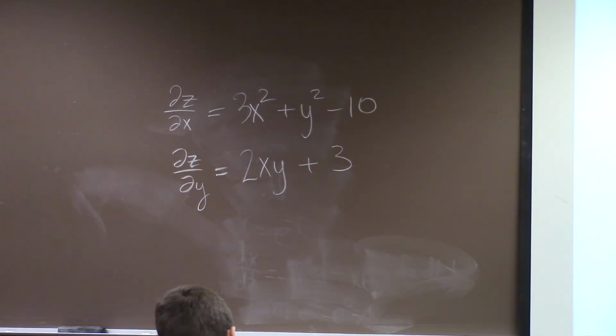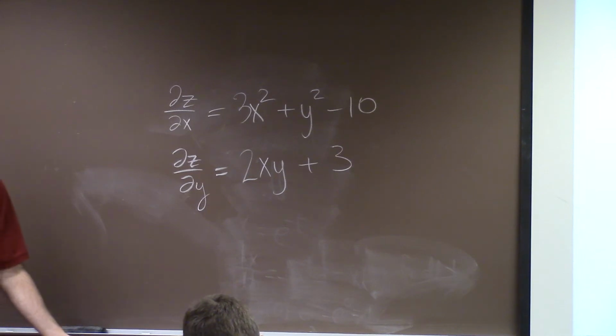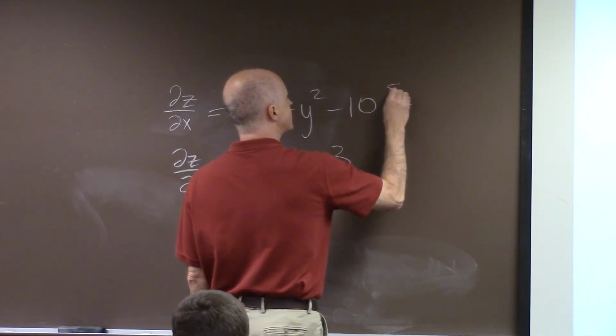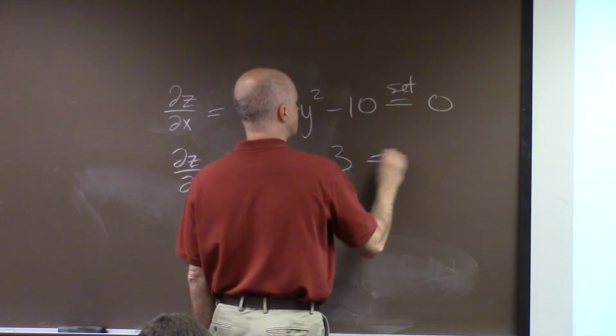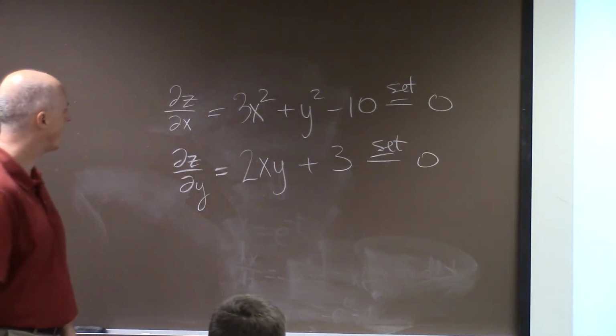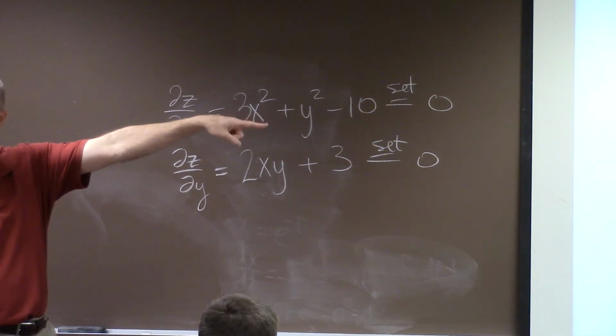To find critical points, you need to set both partial derivatives equal to 0 and solve the resulting system of algebra equations. Set that equal to 0, set this equal to 0, solve for x and y. Evidently, there are 2 solutions.